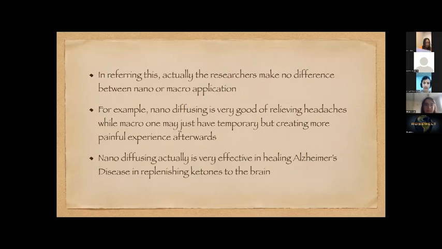For example, nano diffusing is very good at relieving headaches, while macro may give only temporary relief and create a more painful experience afterwards. You may find it hard to believe that eucalyptus globulus, which seems very irritating, is very good for headaches or migraines if you use a nano diffuser.